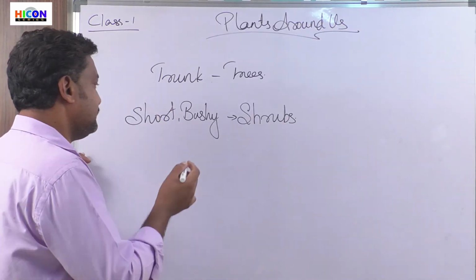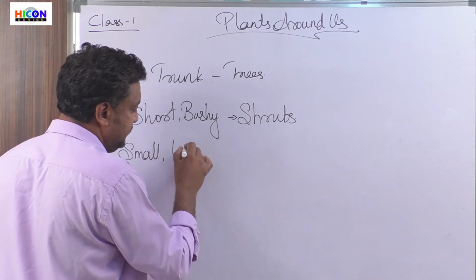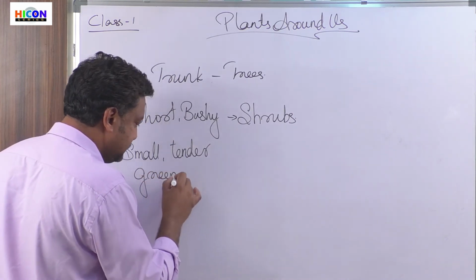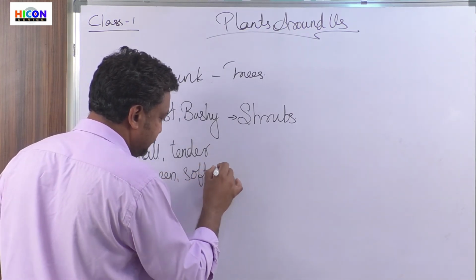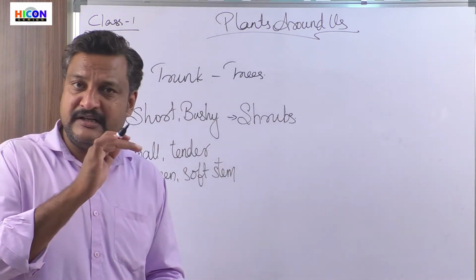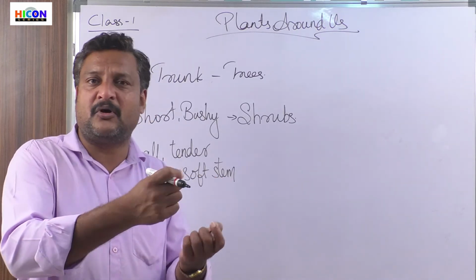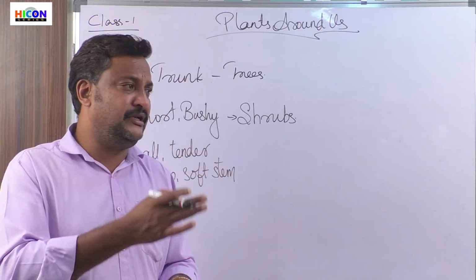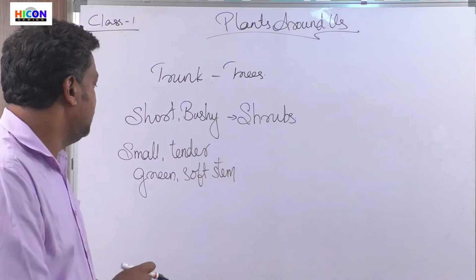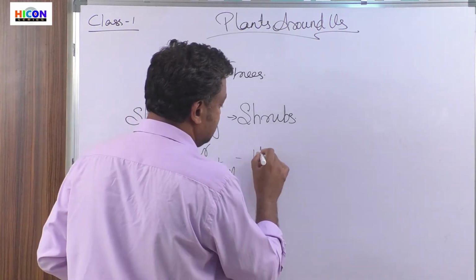So what are they? They are small. They are tender with a green, soft stem. They are small in size. They are very tender, which means they can be easily broken. We need not use any knife to cut it. We can simply break it with our fingers. And plants with green soft stems are called herbs.